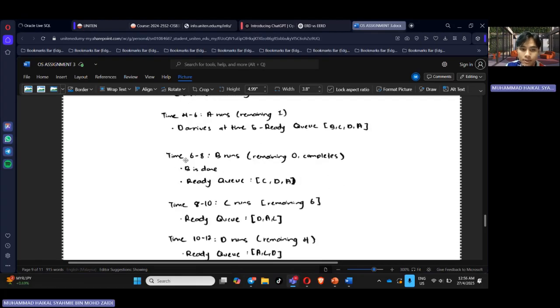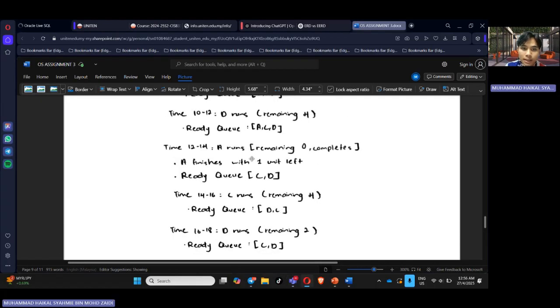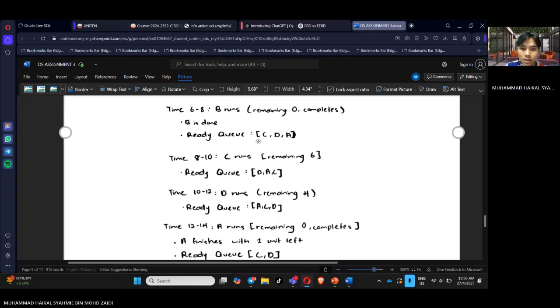And then at time 6 to 8, B is running, and then remaining is 0, B is done. So the ready queue is just C, D, and A. So at time 8 to 10, C is running.